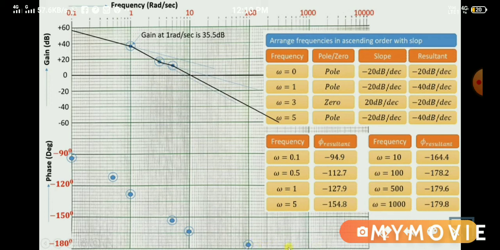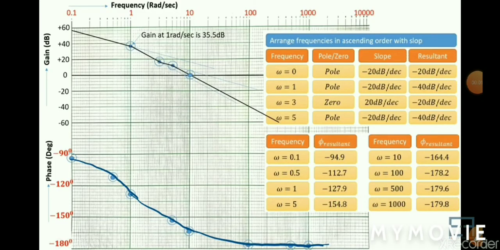Omega equals 10, minus 164.4. Omega equals 100, minus 178.2. Omega equals 500, minus 179.6. Right, then draw a freehand line, joining all the points.